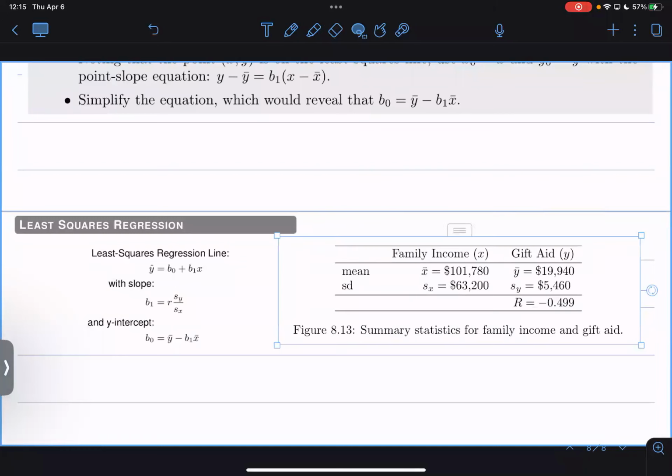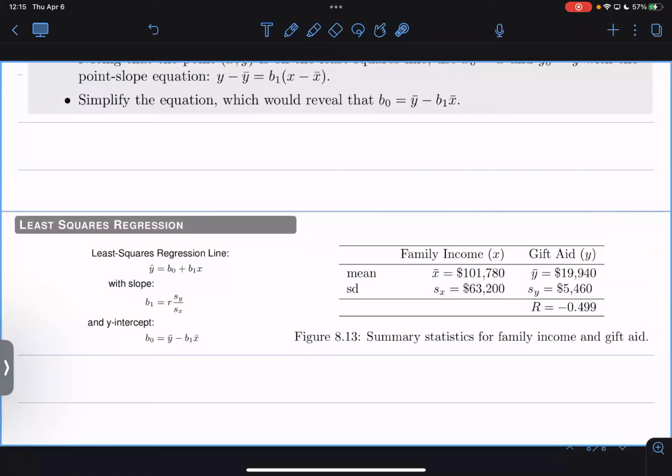So I'm gonna have to give you a ton of different information, right? Need to give you the correlation, and the correlation is here and it is negative. It's not as strong as I thought it was gonna be, but that's okay. I need to give you the means for X and for Y, the standard deviation for X, the standard deviation for Y. And so here I have given you all that information that we need.